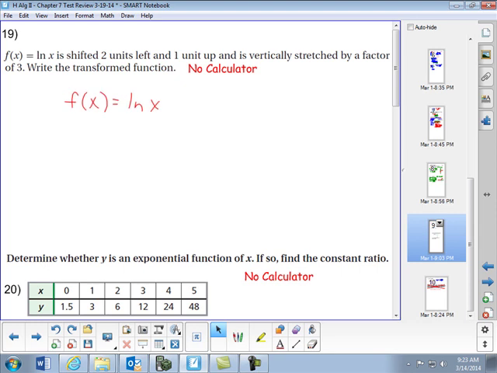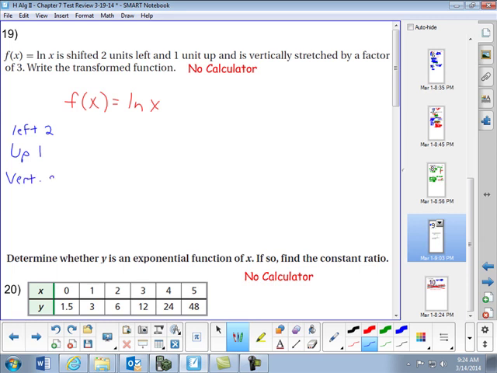And it says it is being shifted to the left 2 and up 1. And then it's being vertically stretched by 3. So you have 3 things happening here.